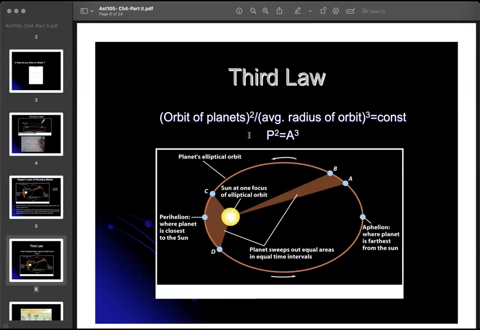The sidereal period of Mercury is 88 days. The sidereal period of Venus is, I think, about 8 months. The sidereal period of Earth is 12 months or 1 year. The sidereal period of Mars is 1.8 years.